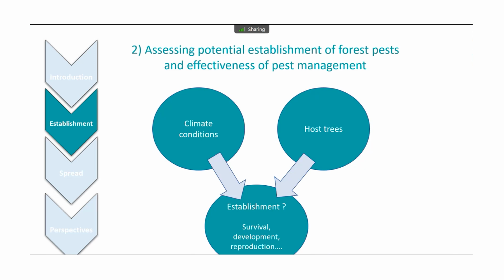So now I'm going to shift to the next stage, which is potential establishment. In fact, establishment includes several processes: survival, development, reproduction. And establishment is mainly based on 2 factors: climate conditions and host trees.